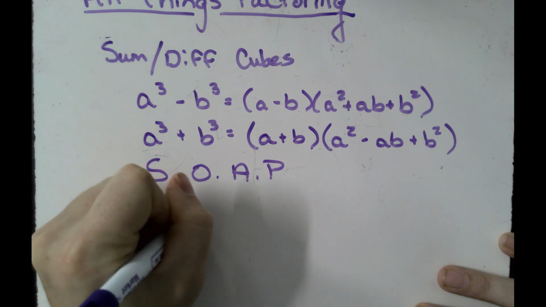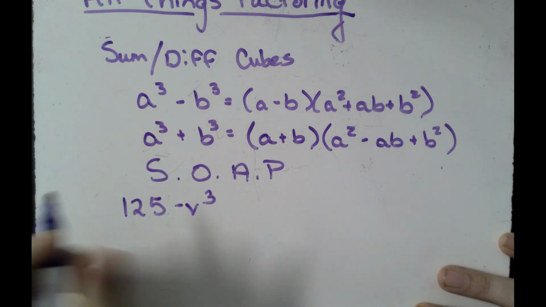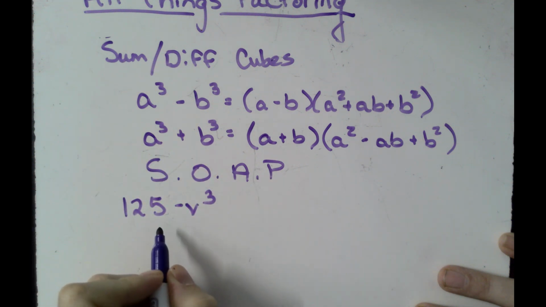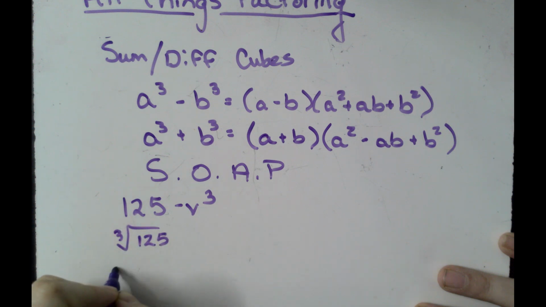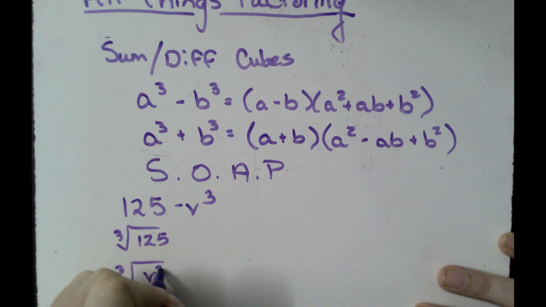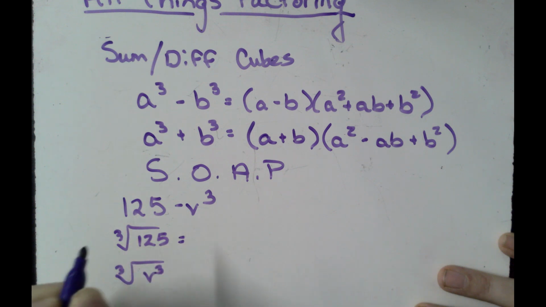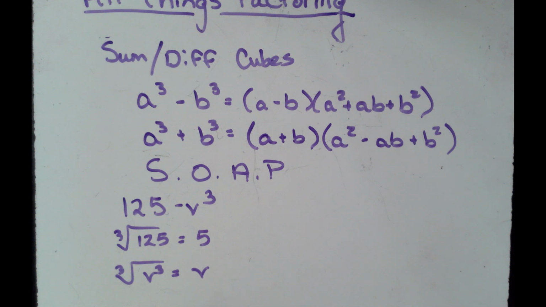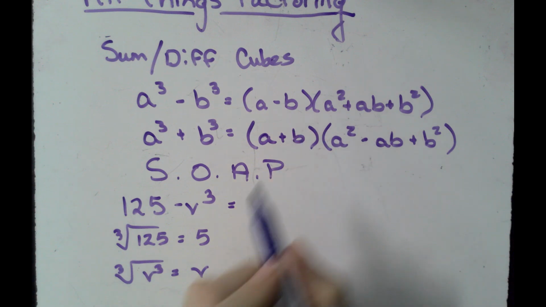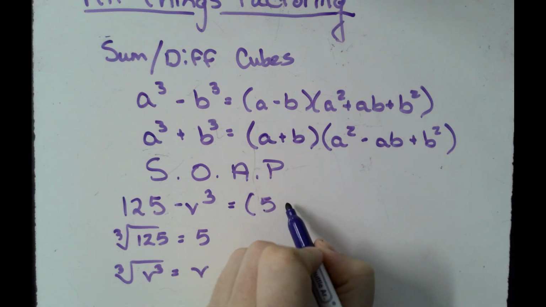I'm going to say 125 minus v cubed. So this is a difference of cubes. We can take the cube root of 125 and the cube root of v cubed. So this will become 5, and this will become v. Now I know a and b. So when I try to write the factored form of this, I'll go here. Oh, a is 5.